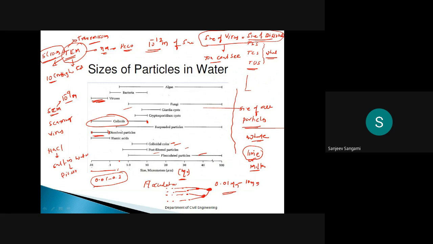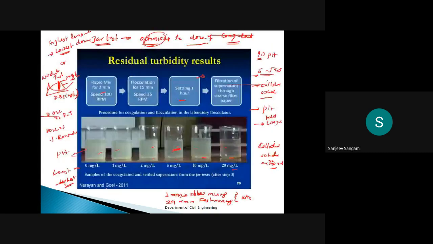Then some of the viruses and bacteria also you are going to remove, and even some of the algae, and silt particles which escaped from the sedimentation process as well as the coagulation process. Those particles we are going to remove.